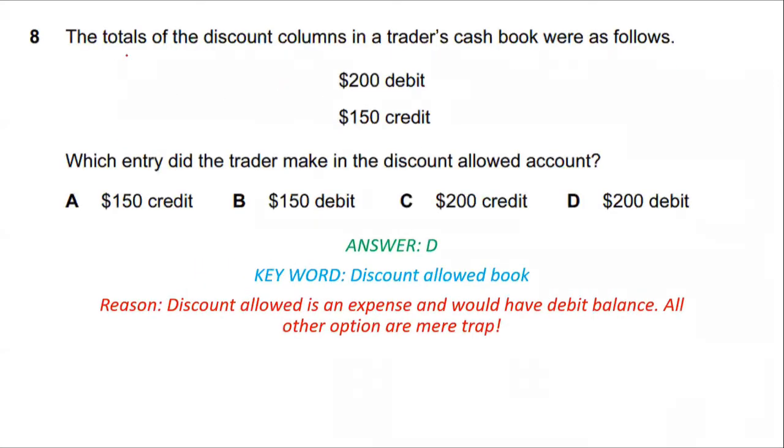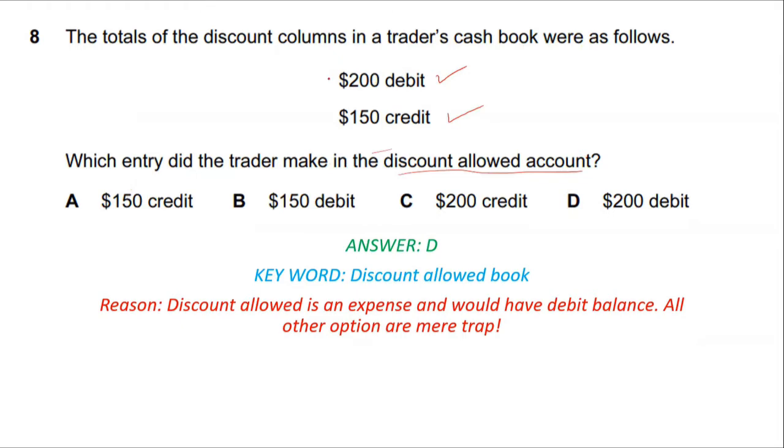Multiple choice 8. The totals of discount columns in a trader's cash book were as follows. So there are discount columns in a trader's book, and there was a $200 debit balance and a $150 credit balance. Which entry did the trader make in the discount allowed account?